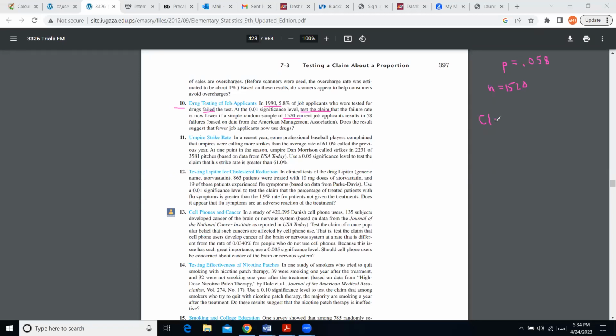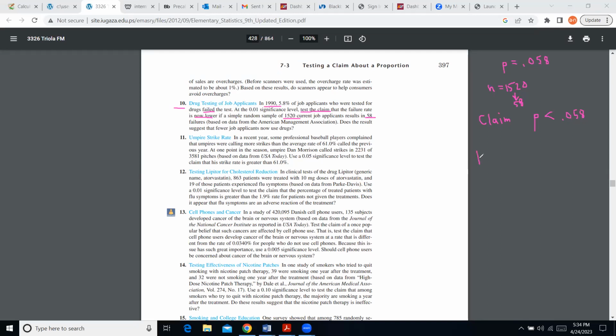Somehow they decided that people now don't fail the test that often, so the failure rate is lower. So the claim is that the rate, or percentage, or p, is lower than 0.058. Let's check this out. That's what they're claiming. So they have 58 failures: out of 1,520, 58 people failed the test.